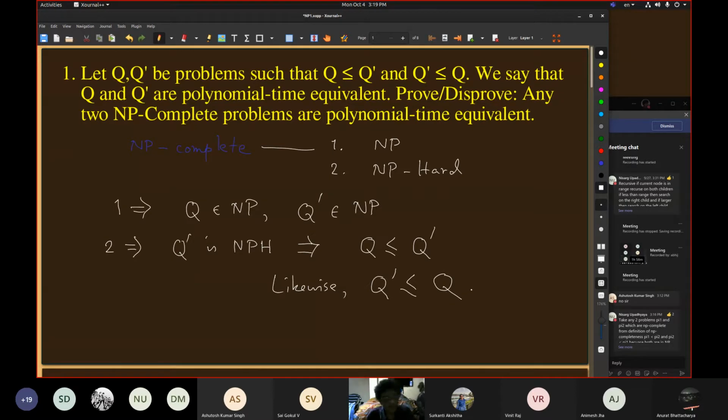So this is essentially an immediate consequence of the definition. There should not be more complications in it.